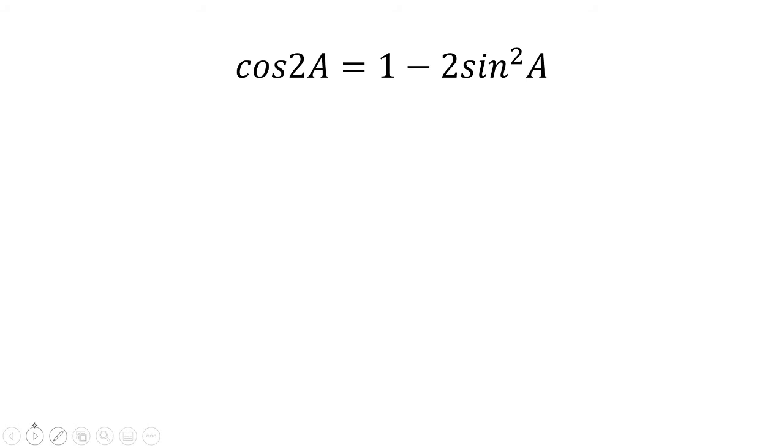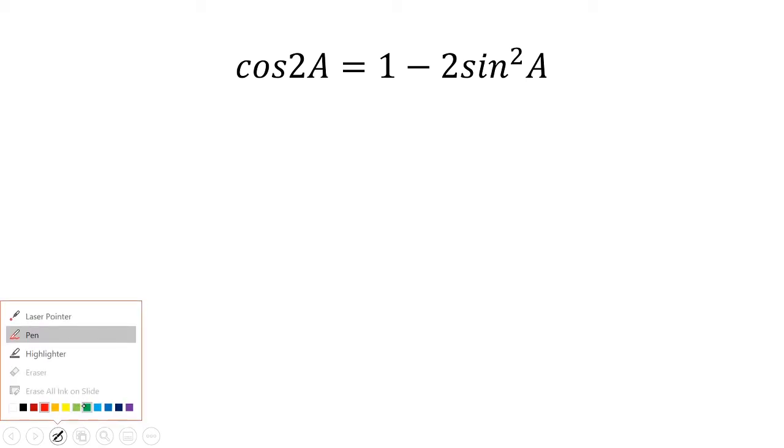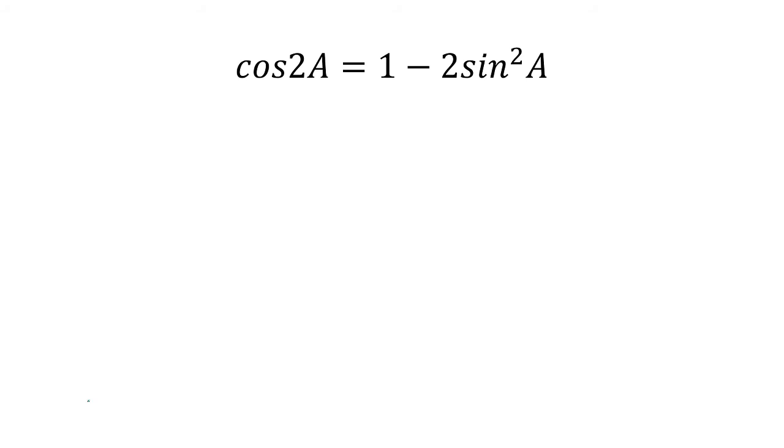This is a trig identity. You remember trig identities from the last 2 days. We've been working on trig identities. This particular one, we want it to look like the other side. So we're going to take the formula that we have, and we're going to try and put it in right here.